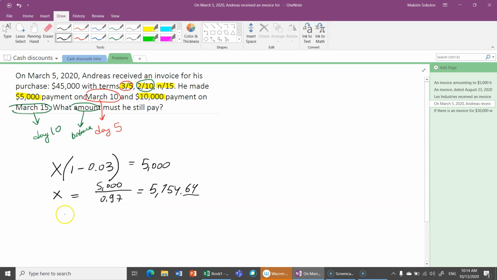Now, if we continue, we will find out what the balance is now. So we have the first balance, balance 1. So what is that first balance? It is going to be $45,000 minus 5,154.64. It's going to be 39,845.36.